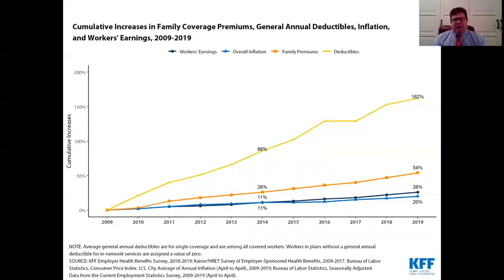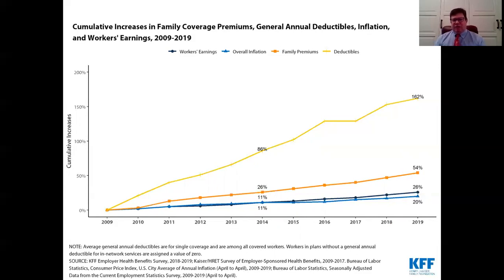And the final thing, as an introduction just to some terminology related to health insurance, is some of the things that people are getting shifted over to from their businesses. So this is from 2009 to 2019, or a 10-year span. And what we've seen is that during this 10-year span, overall inflation has gone up by 20%, but the family premiums have gone up 54% for health insurance, and deductibles have gone up 162%.